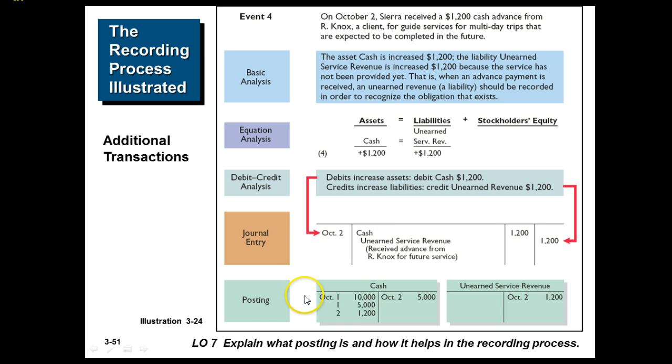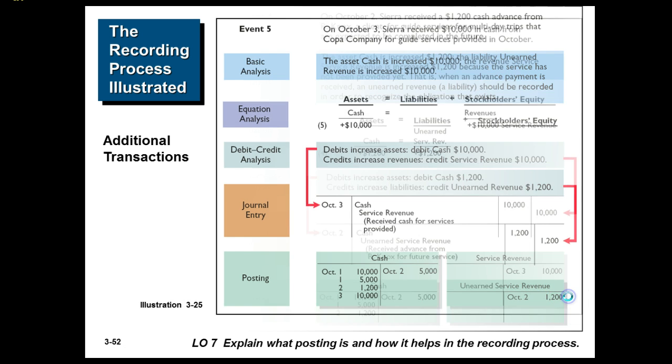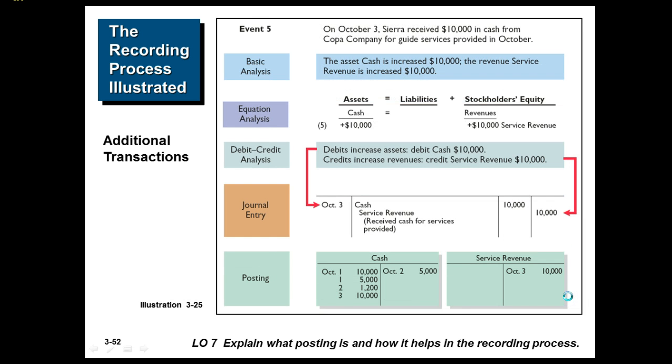As you see here on October 2nd, cash increased $1,200, so we're showing that in that cash ledger, and our unearned service revenues increased by $1,200 there. And then as we move on here, on October 3rd, Sierra received $10,000 in cash from Copa Company for guide services.